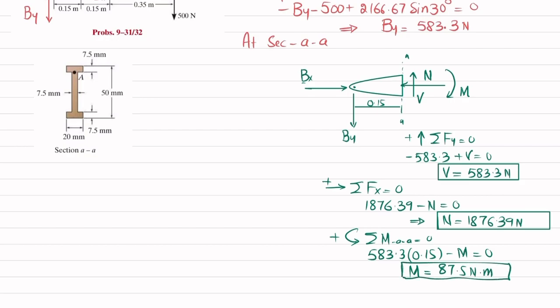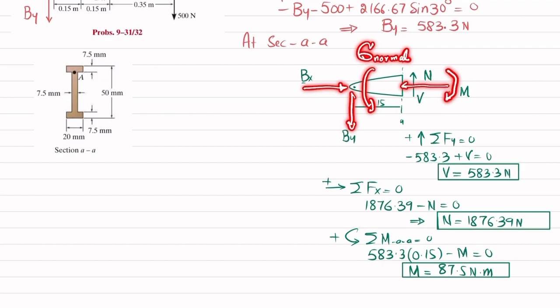Now you have all these unknowns. Due to this N compressive force you will have a normal stress, and due to this moment, the beam will bend like this, clear, and the upper portion will be in tensile stress.